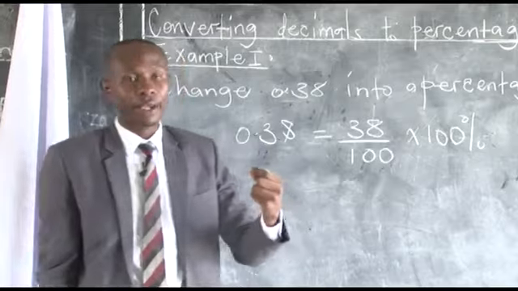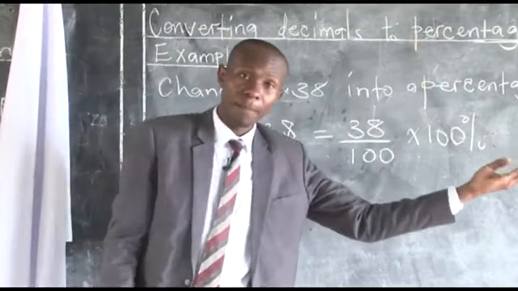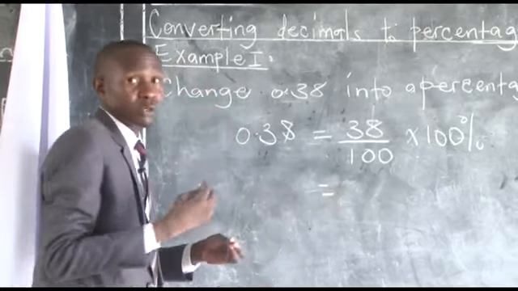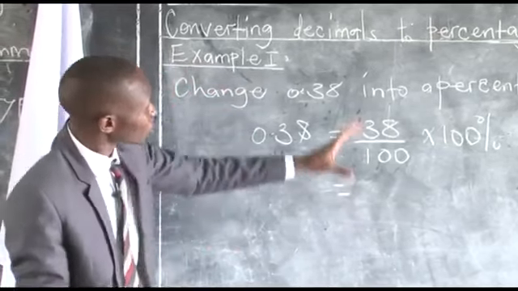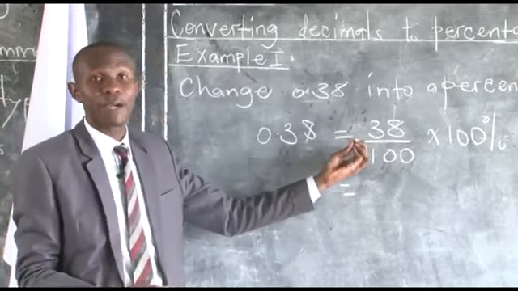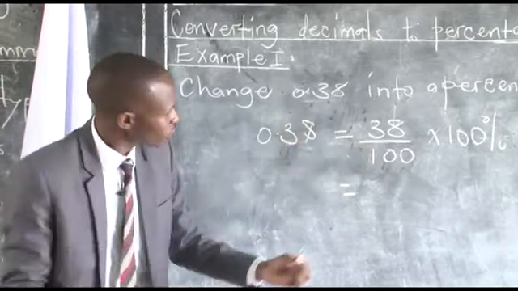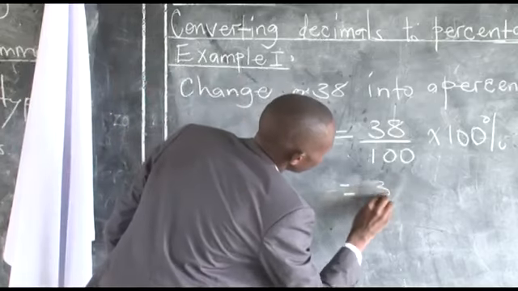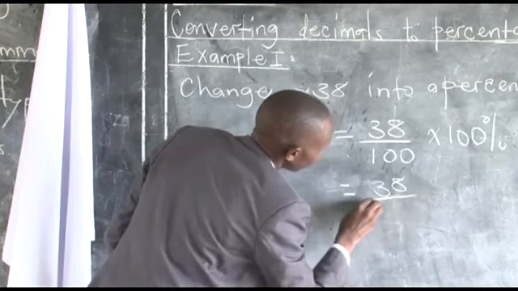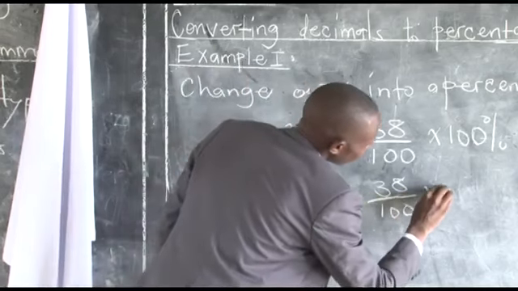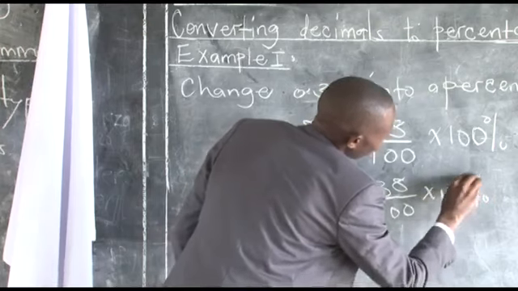That's what we are doing. Multiplying, you are changing to percentage. So let's look at this. After that, for you to make sure that your work looks neat, just copy this step the way it is. Don't divide from here. Copy the way it is. Then from there, we divide from the next step. I'll copy it. I'll say 38 out of 100 times 100%.